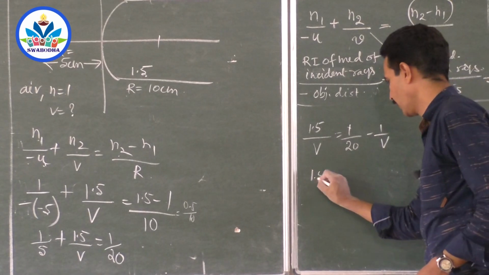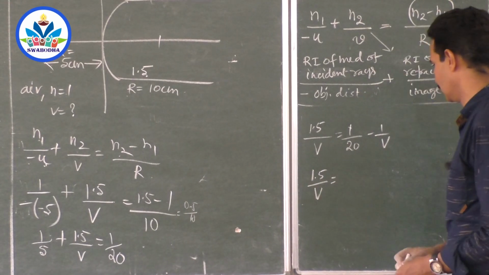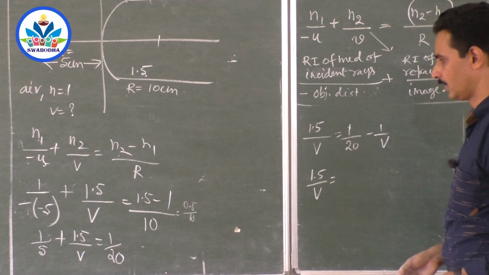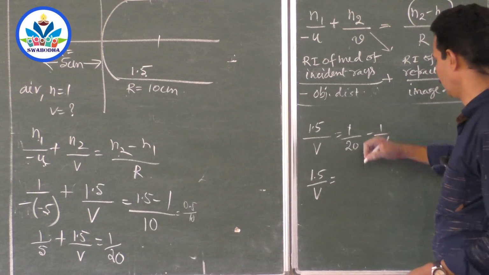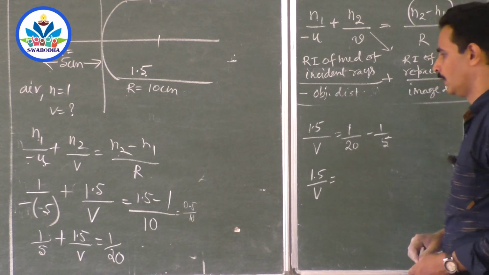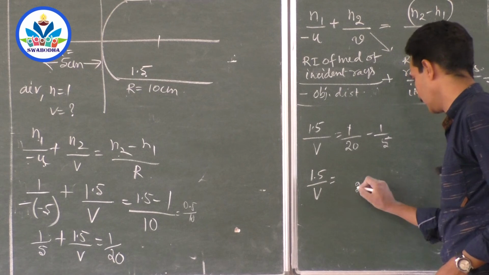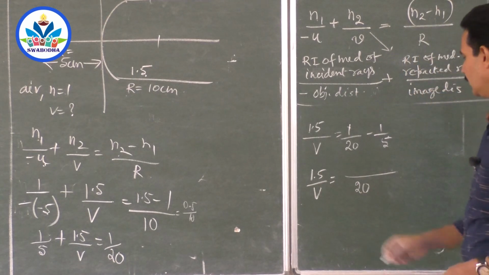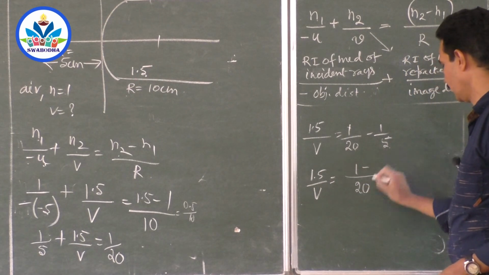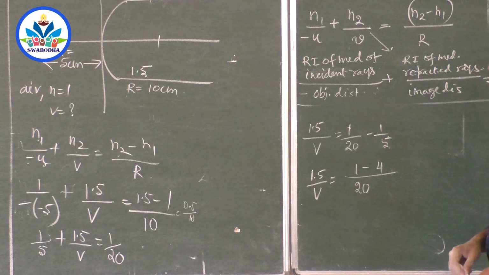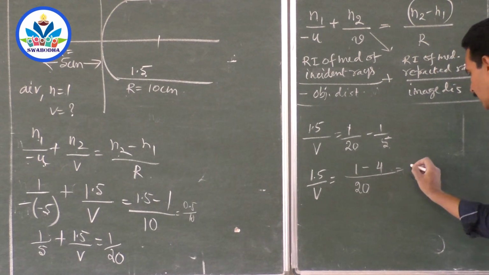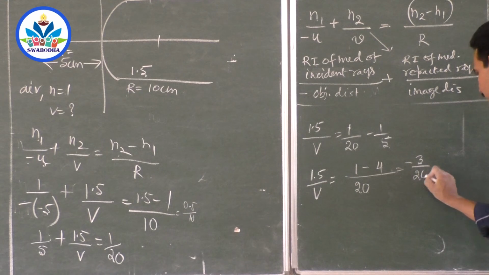So 1.5 by V is equal to 1 by 20 minus 1 by 5. Taking 20 as common denominator, 20 ones are, 5 fours are, so that is equal to minus 3 by 20.